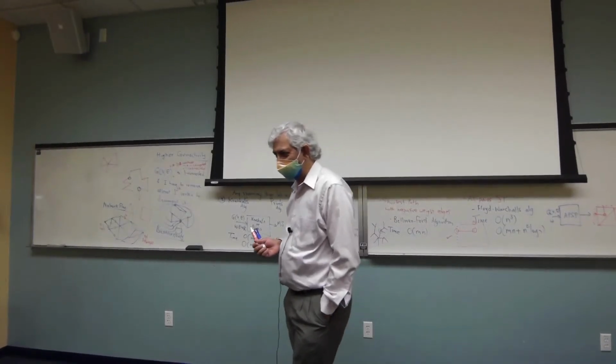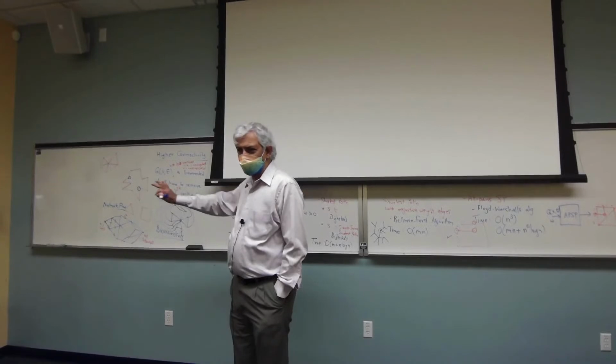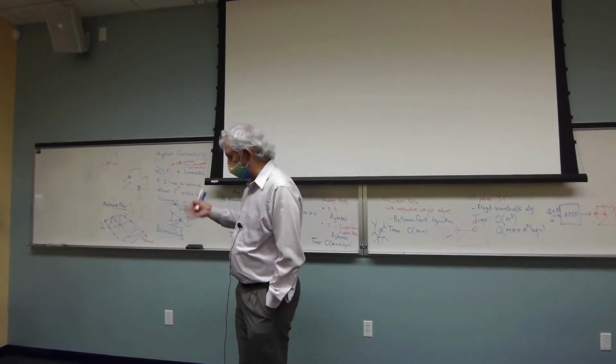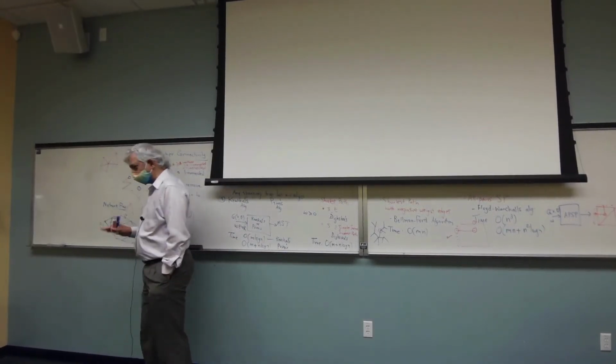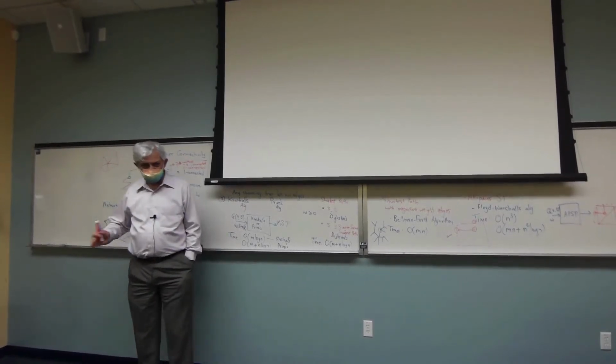So they don't look like anything we've seen so far because it doesn't have to do with shortest paths. You're just asking how much oil can I send from here to here, maximum, given all the capacities of all the links.